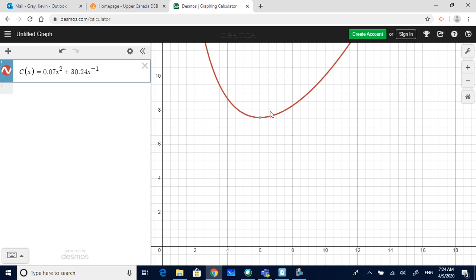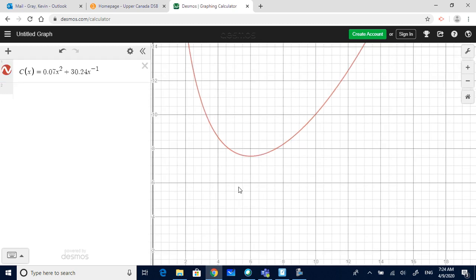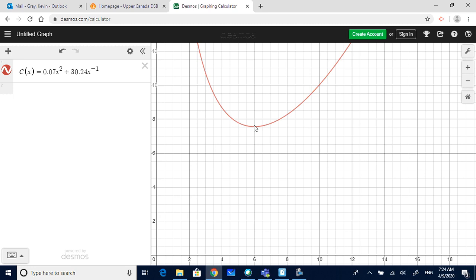So that's my minimum point at 6. That's verified on the graph. That's good to see right there. That's pretty neat. Now I can use my calculator. Oh, undefined. Whoa, that must be an asymptote at 0. But remember, it wasn't exactly 0, right?